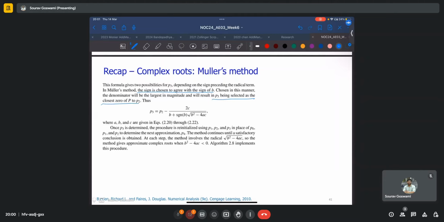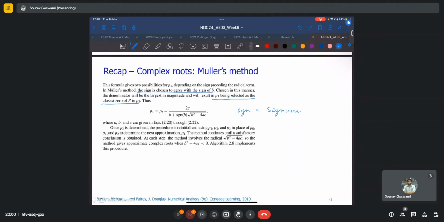Thus, p3 equals p2 minus 2c divided by b plus sgn(b) times the square root of b squared minus 4ac. So sgn is generally the signum function and gives the sign of b.